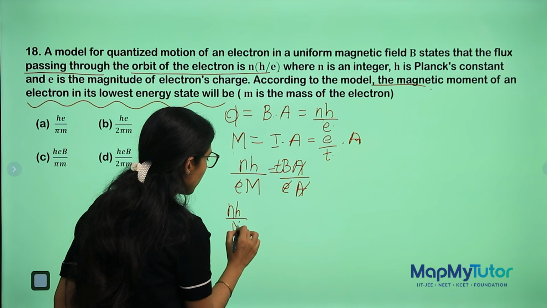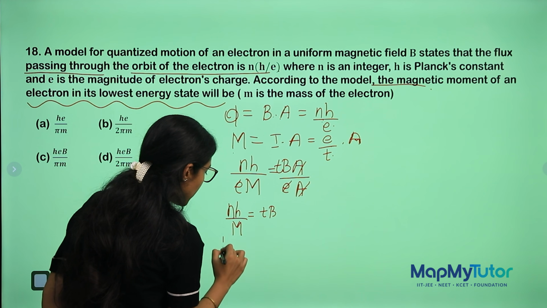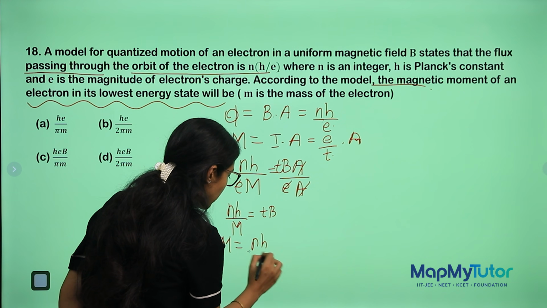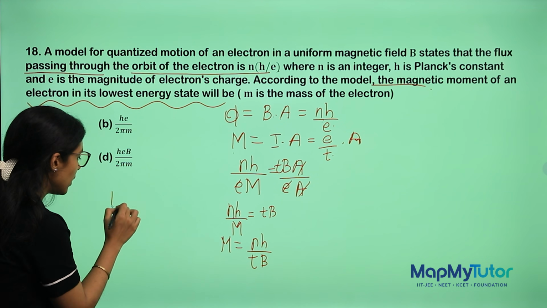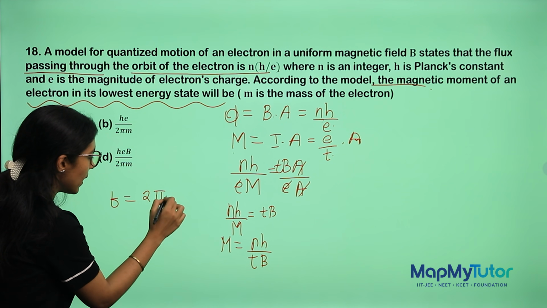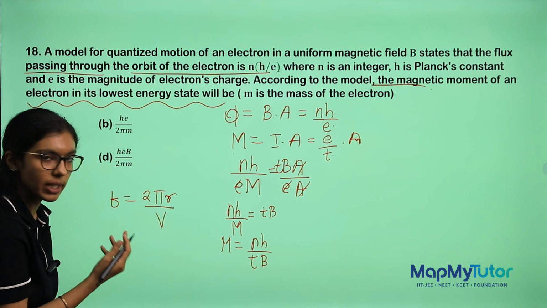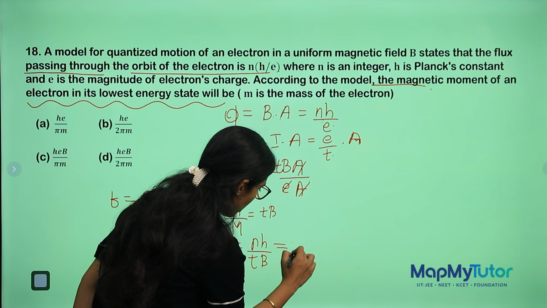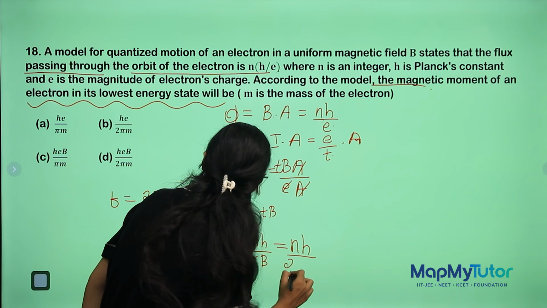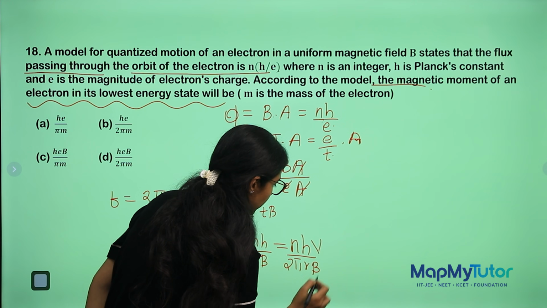So nh by M will be equal to TB. From this, I can get M equal to nh by TB. T I am substituting as 2 pi R by V, distance by velocity, as it is a circle. So 2 pi R B by V.